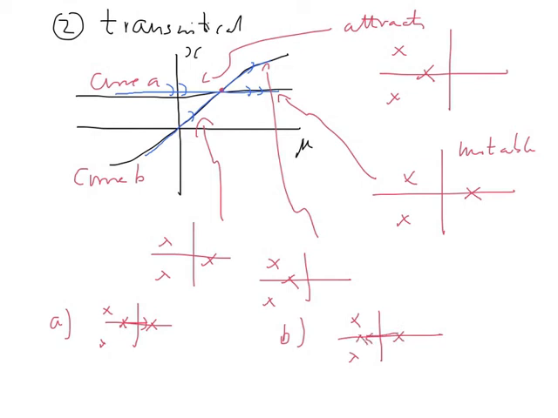So again, what you need to do is understand the structure of the fixed points in the phase space and understand what's happening with the eigenvalues. But again, the bifurcation point corresponds to an eigenvalue going through 0. Eigenvalue lambda equals 0.